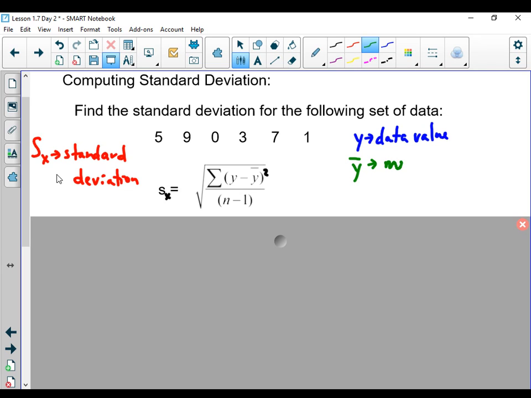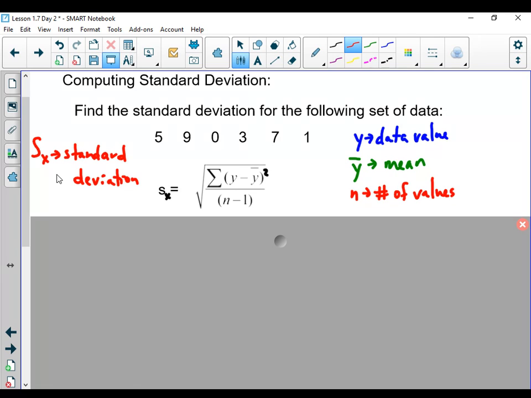The mean. The y bar is still the mean. N is just the number of values. So those are the pieces.